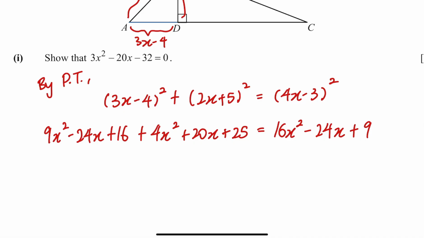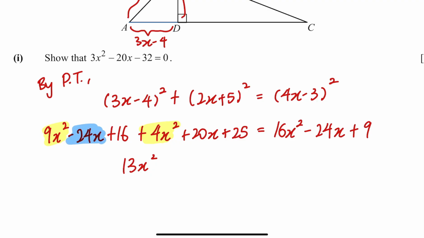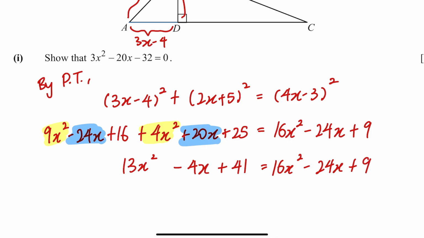I will get 13x squared. I highlight so that you can see very clearly what I am combining. 9x squared can combine with 4x squared. Next one, blue, negative 24x can combine with 20x. I'll get minus 4x. Then the last one, I have 16 plus 25. This will give me plus 41 equals 16x squared minus 24x plus 9. Oops, there should be an x here.